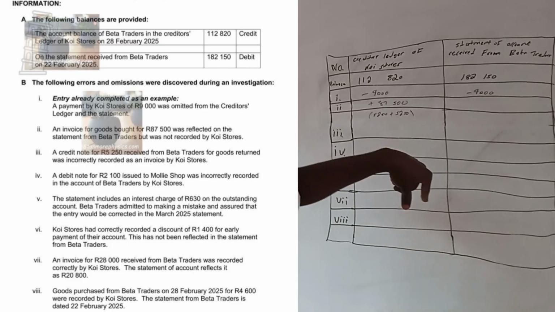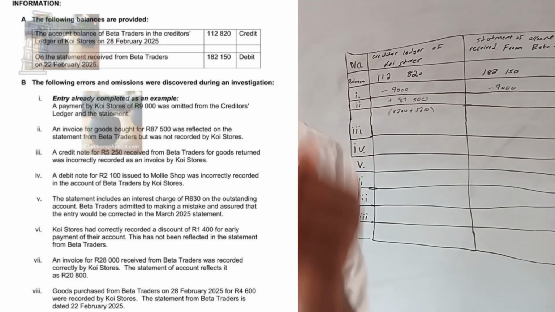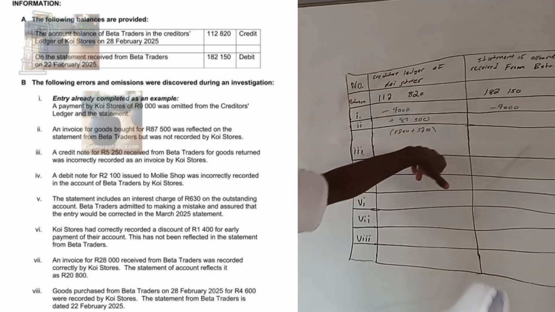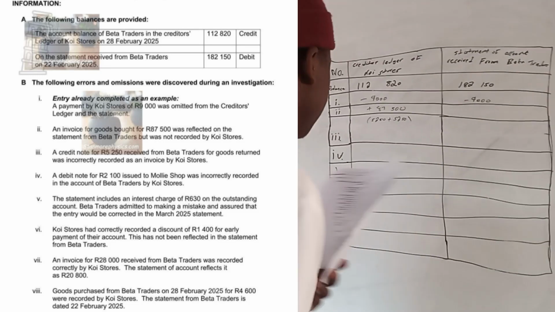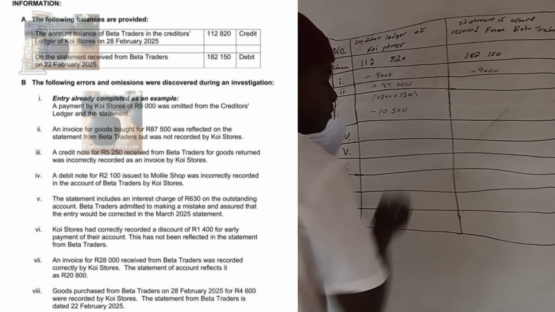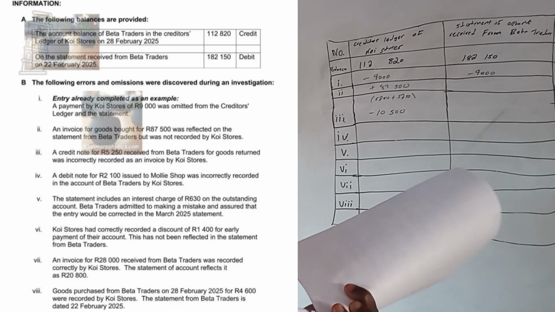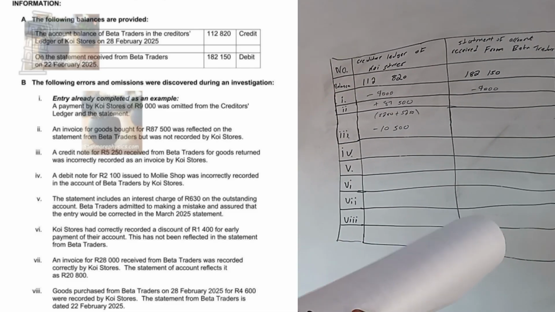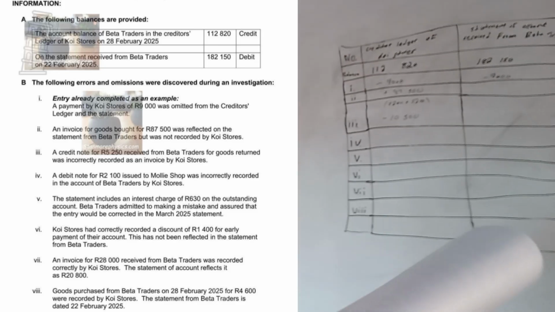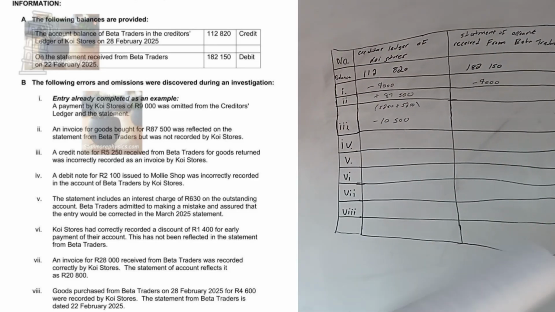It's not an expense. It's a credit note. It's an income. So we made a mistake by recording it as an expense. So we add these and you will get 10,500. And then you will say minus 10,500, because for the credit note we returned the goods, so it's our money for returning the goods, and it's our money that we recorded as an expense. We made a mistake. It's not an expense; it's an income.